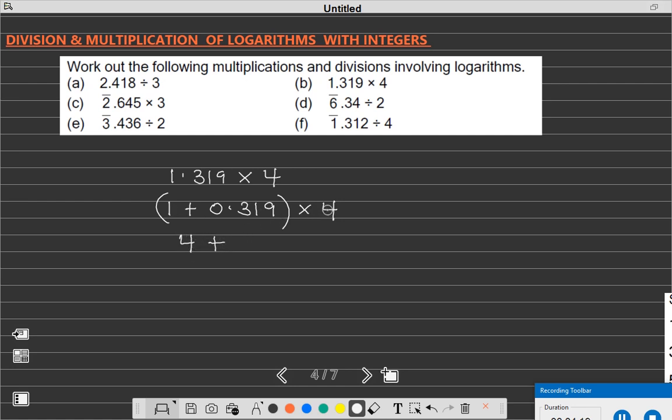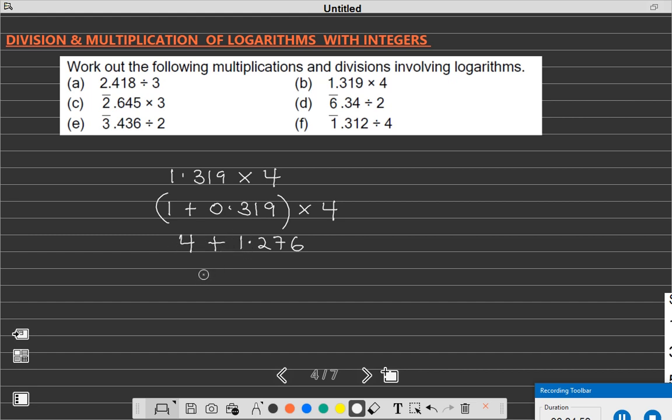Plus, then multiply this 4 with this mantissa, we shall have 4 times 0.319. We get 1.276. Now I want you to observe that after multiplying 4 with our mantissa here, we got a 1 point. So we produced another characteristic here, which is a 1, and it is a positive.